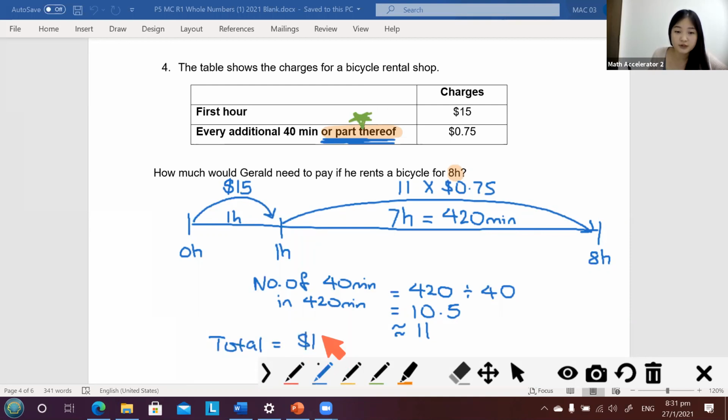Now let's find out the total that he needs to pay. So first hour is $15 plus the 75 cents, 11 of it. I'll write it up here. So equals to, can you all work it out? What will you get?